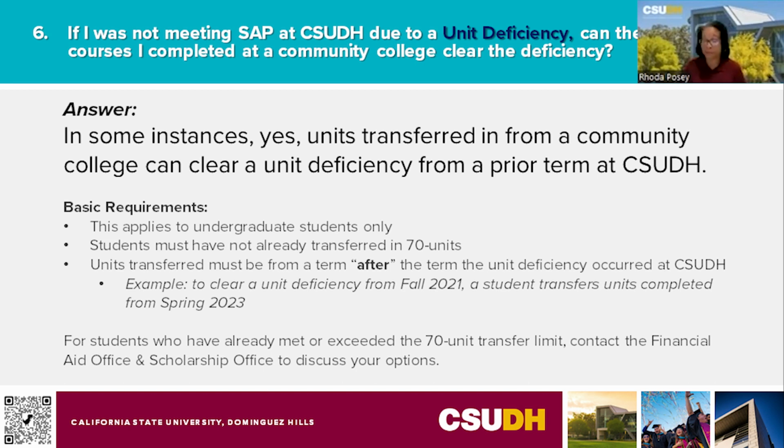Yes, that can clear the unit deficiency. Just let us know, we'll check it out and clear your record. Now, for students who have already met or exceeded that 70 unit transfer limit, I don't want you to be discouraged. Just contact us, let us look at your record, and then discuss your options.